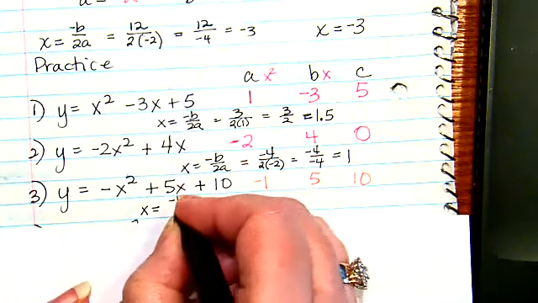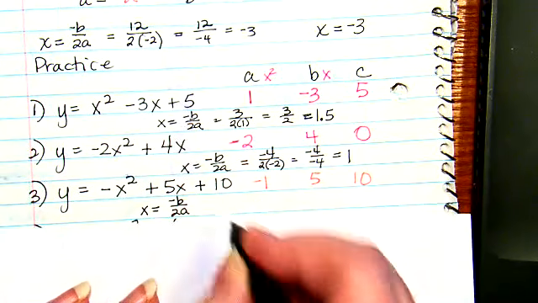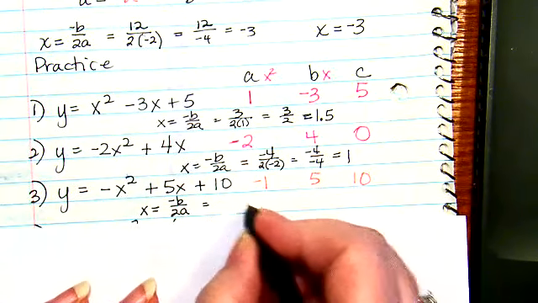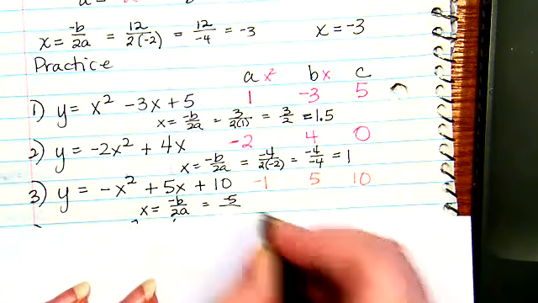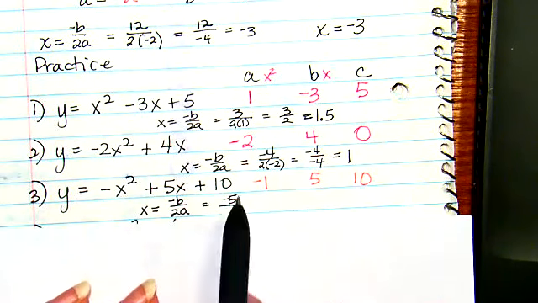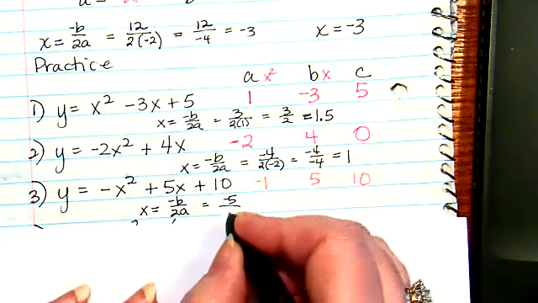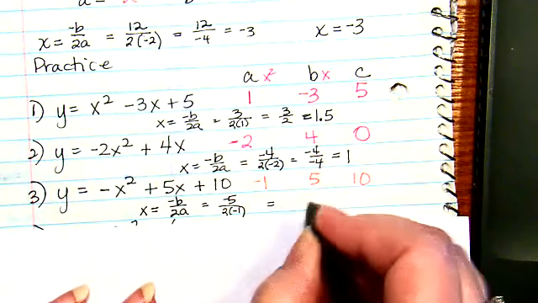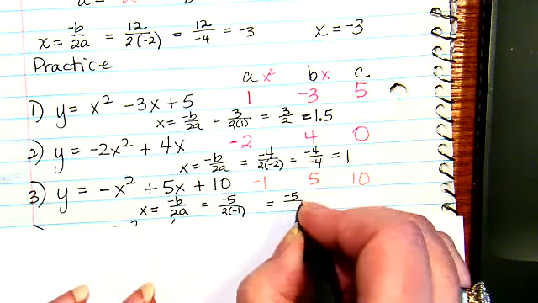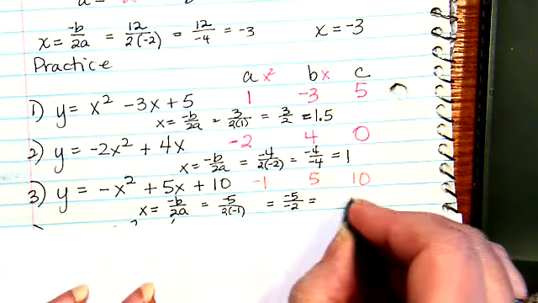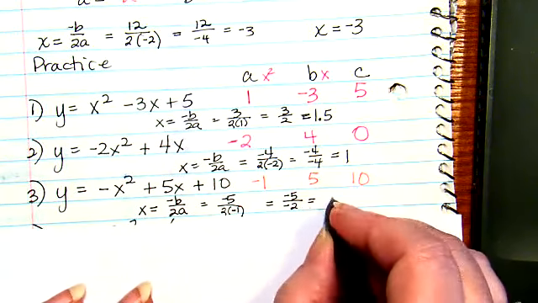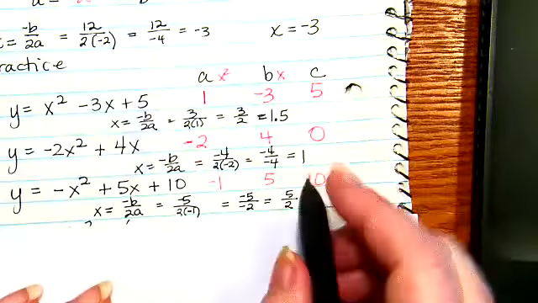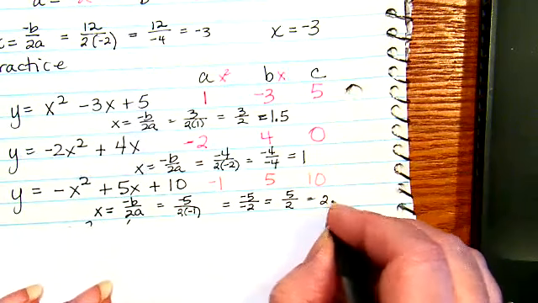Negative b over 2a. Opposite of b, so make sure if it's positive, this is negative, or vice versa. And then 2 times whatever a is. So this is negative 5, and this is negative 2. Now the 2 negatives cancel. So another way to write that is 5 over 2, or 2.5.